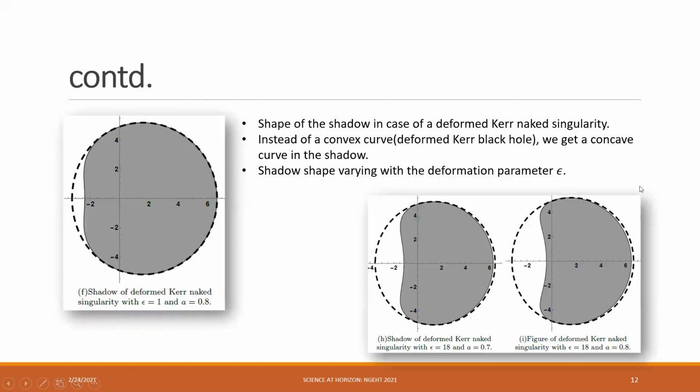For the case of a deformed Kerr naked singularity, instead of a convex bulge, we observe a concave bulge or a prolate shape, where this particular one is for epsilon equals 1 and a equals 0.8. Here we have considered higher values of deformation, where the amount of deformation is effectively visible.